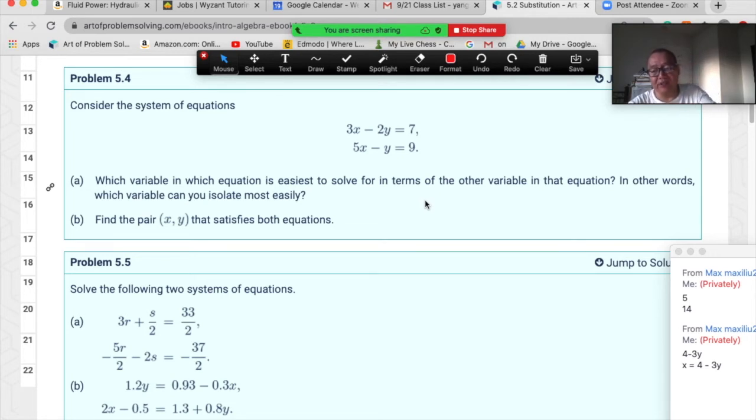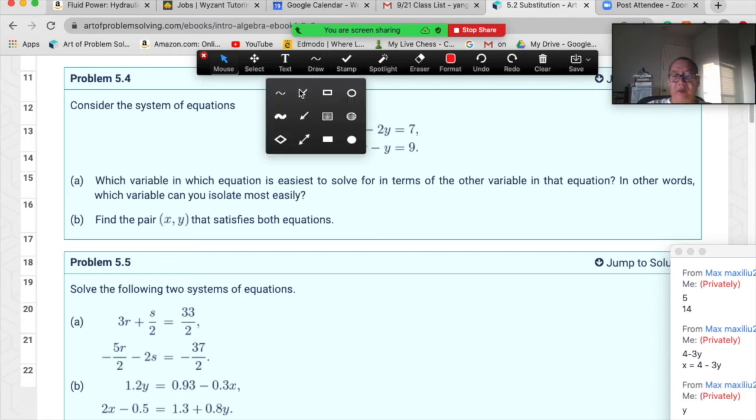Everybody tell me this. Which variable in which equation is easiest to isolate? This decides if you can use this approach efficiently. Okay, definitely the y in the second equation.